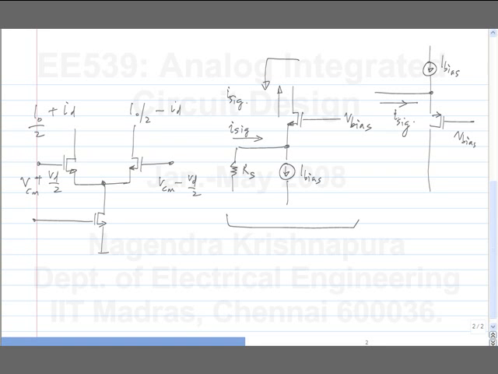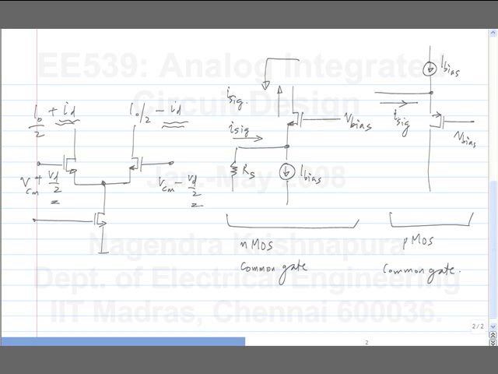Okay. And what is my signal current here? This ID. Okay. This is the part in response to the input differential voltage that I have to pass through the common gate amplifier. Okay.